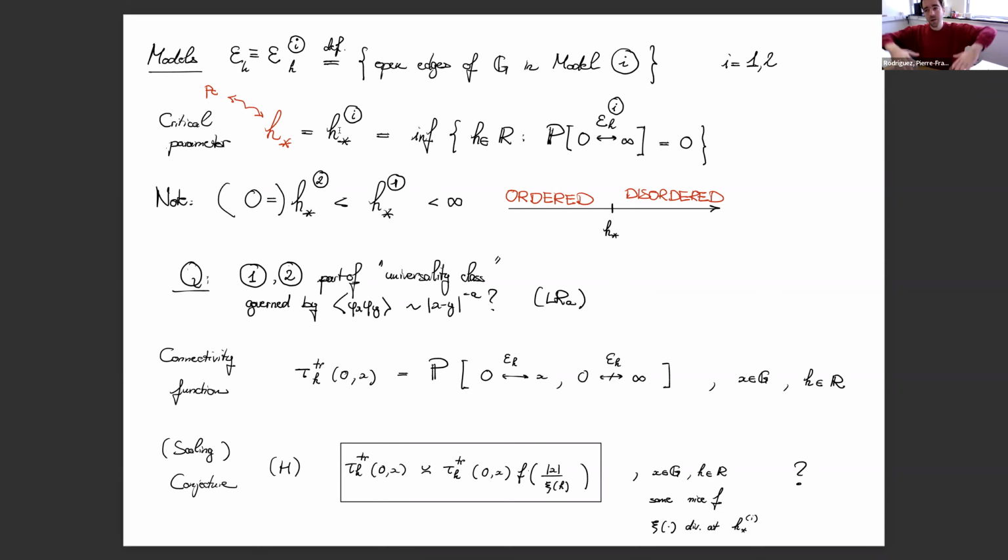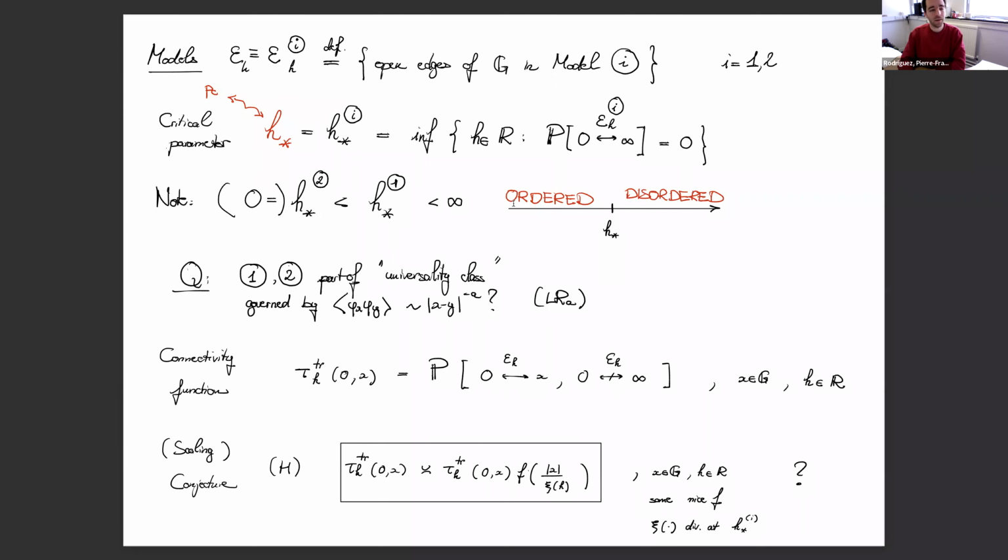Here, when you raise h, you see less stuff because the tips of the mountains get sparser and sparser. So here the picture is the other way around, right? The disordered phase sits on top of the order.